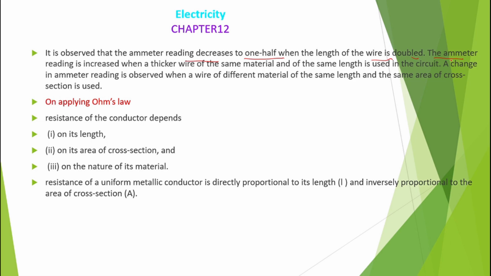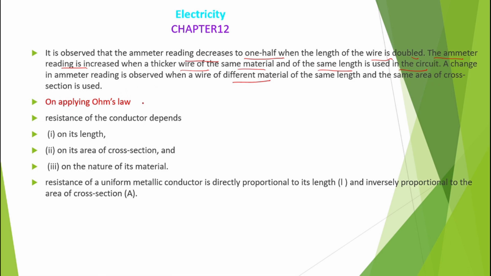So the ammeter reading is increased when the thickness of the wire of the same material and of the same length is used in the circuit. So a change in ammeter reading is observed when a wire of different material of the same length and the same area of cross section is used.